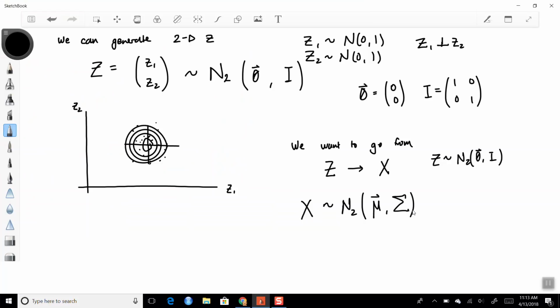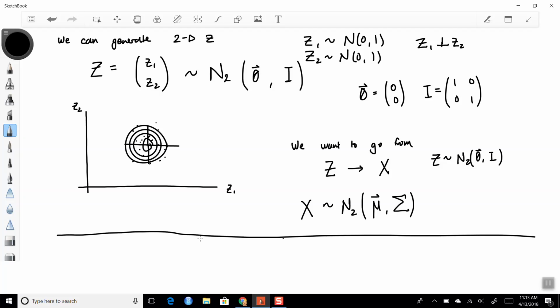Okay, let's think back to the univariate case. Okay, so for the univariate case, let's say Z comes from normal 0, 1, and we want X to come from normal with mean mu and standard deviation sigma.